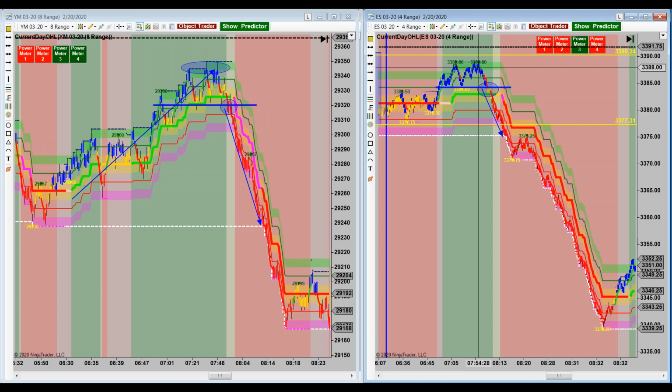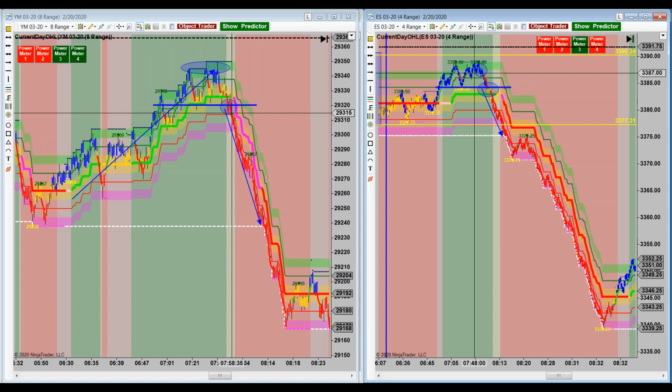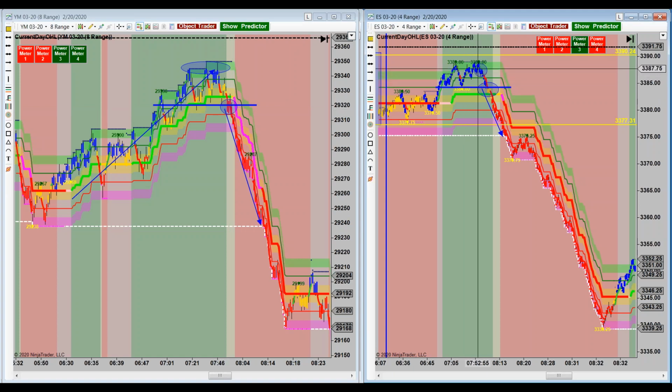That is 7054 on ES. Let's put a little circle there, 754, somewhere right about in here. This circle on ES approximately corresponds to this circle on YM time-wise. This circle here on the left on YM time-wise corresponds to this circle on ES.